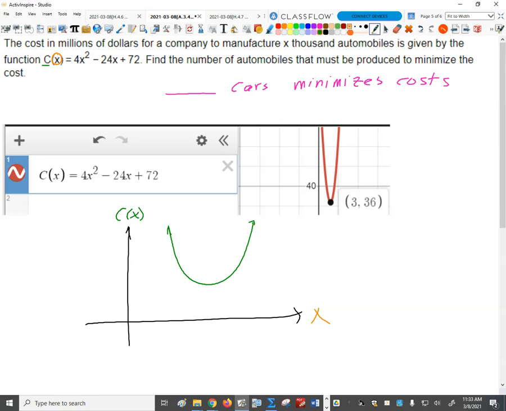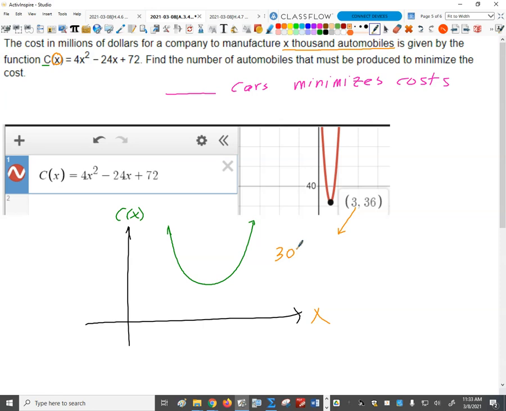And if I look at the coordinates of the vertex, what's the 3 telling me? It's telling me that 3,000 cars, right? Because we're talking about X is thousands of automobiles.